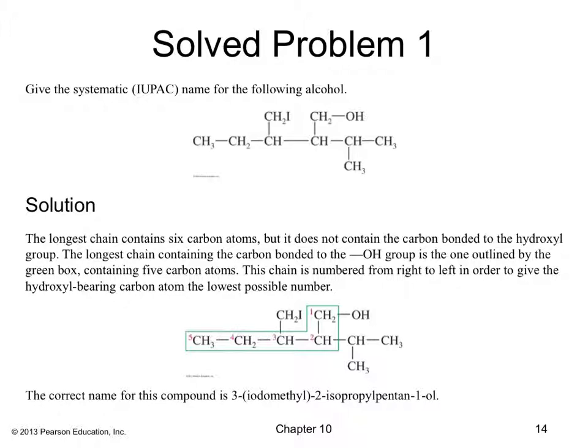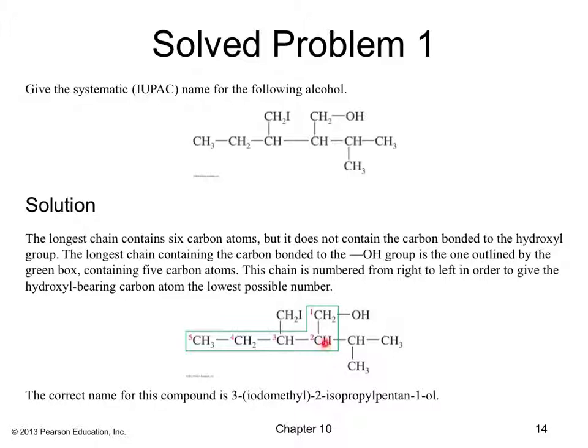So in problem 1, they're asking to name this molecule via the IUPAC naming system. So you want to find the longest carbon chain that bears the OH group. And so that would be this shown here, highlighted in green. So this would be 1, 2, 3, 4, 5. So 1 will be the hydroxyl group.